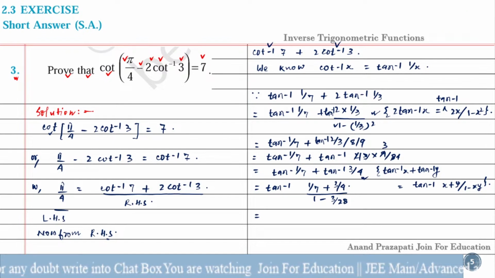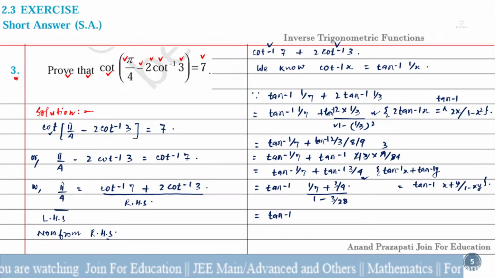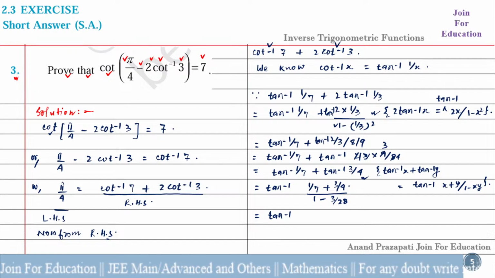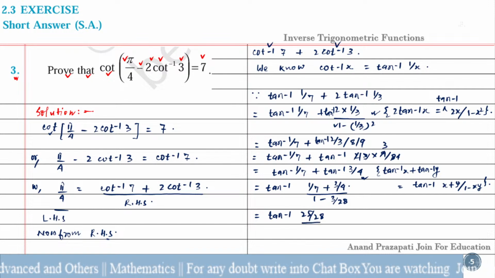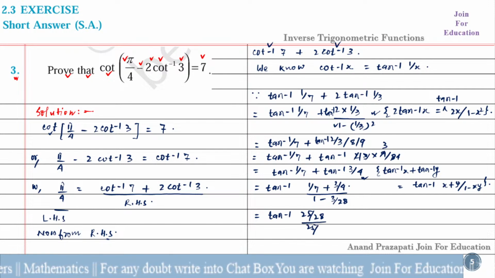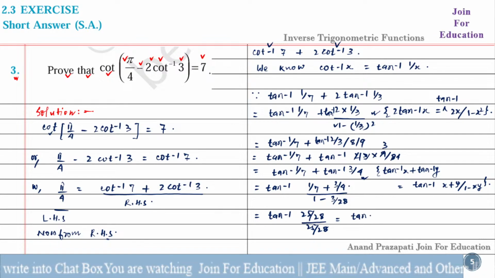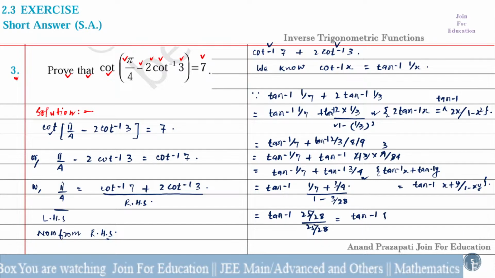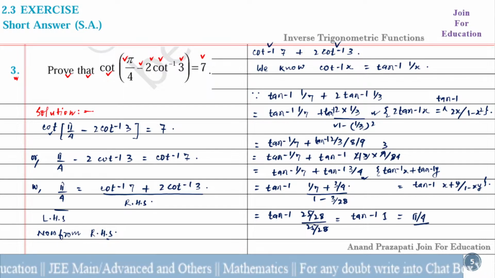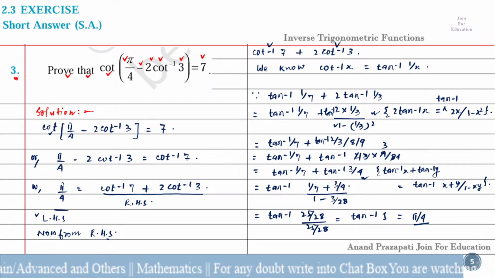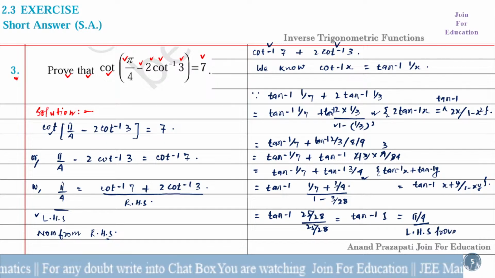So the next step will be tan inverse 4 plus 21 equals 25 by 28 by this will also be 25 by 28, which equals tan inverse 1, and we know that tan inverse 1 equals pi by 4. So this is the LHS. LHS proved.